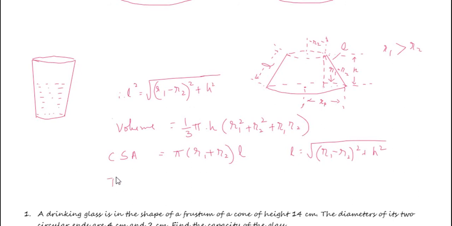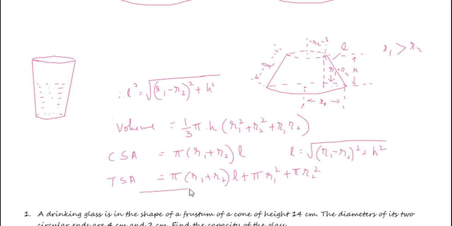Total surface area equals the slant surface area, that is pi into (R1 plus R2) into L, plus the two circular surface areas. Bottom surface area is pi R1 square, top surface area is pi R2 square.